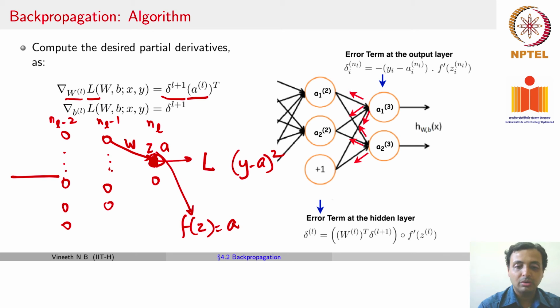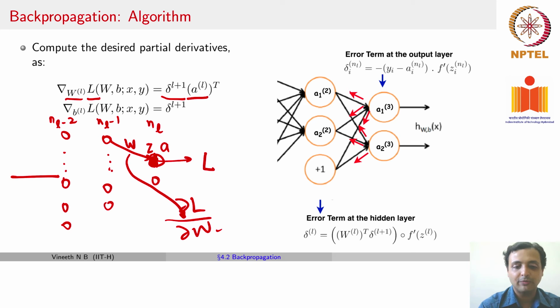So to compute the gradient with respect to W, let's erase unnecessary information here. To compute dou L with respect to dou W, for the moment let's consider this weight, that's what we're computing with respect to. We apply the chain rule.